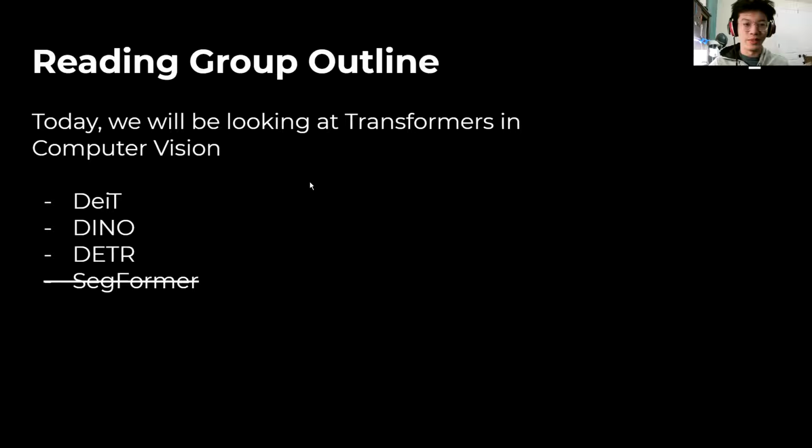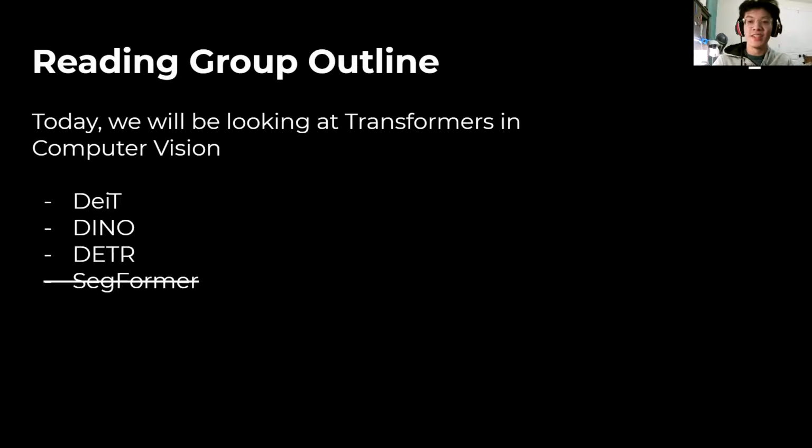So as always, we start by looking at the outline. We'll be looking at DeiT, which is a more efficient form of vision transformer. Then DINO, which is, I think, subjectively the coolest model I've ever seen.